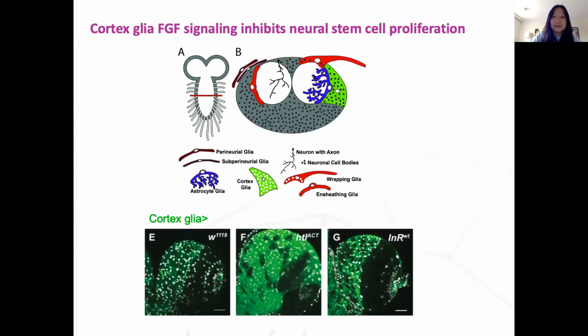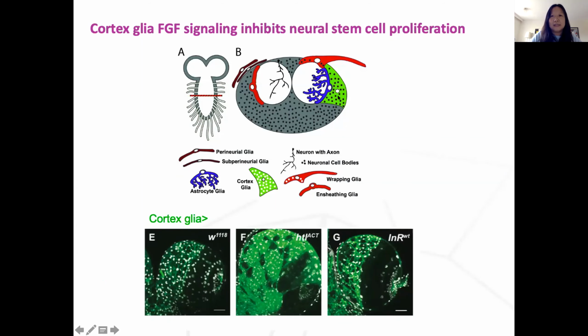Then she went on to ask whether this phenotype is really specific to FGF activation, or if you increase the glia size by other means, could you also produce this phenotype? And what she found is that it is actually highly specific to FGF activation. This is mainly due to the fact that only FGF activation, and not insulin activation or EGFR activation, can cause an increase in the size of the cortex glia cells that surround the neuroblast.